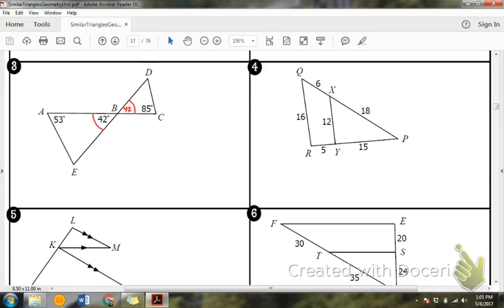Tensia, how much is angle E? 85. Anyone agree with that? 85 for angle E? Okay. Which then means that 85 and 85 match up, right? They have to match up. Yeah, because remember, any two angles, if we add them up and subtract them from 180, that's going to give us the third one.